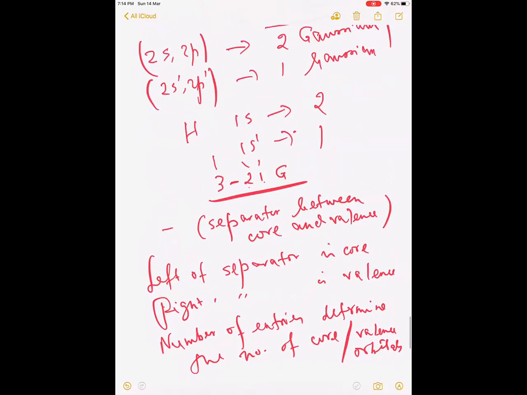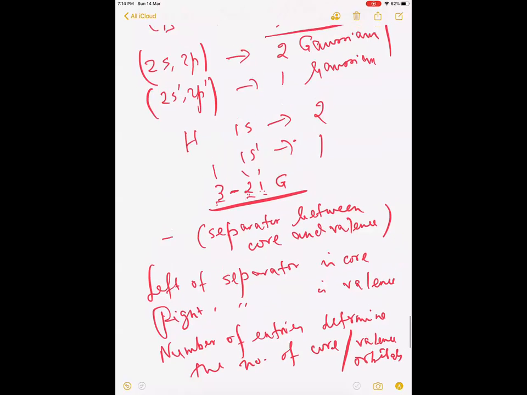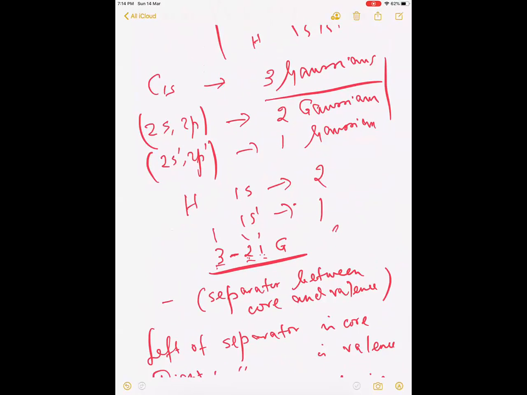So for example, what is the number of entries to the left of this separator? 1, not 3. It is not the value. It is the total number of entries to the left. It's only 1. And to the right, it is 2. This means in terms of atomic orbitals, 1 core and 2 valence orbitals are given. So it immediately tells me that it is double zeta valence, because the number of entries here is 2.